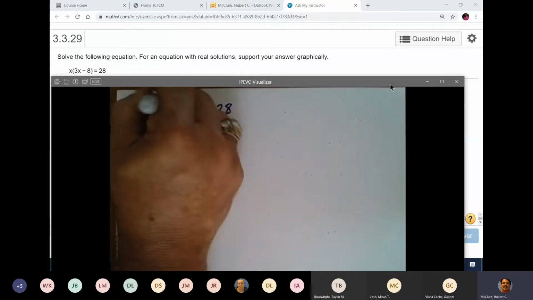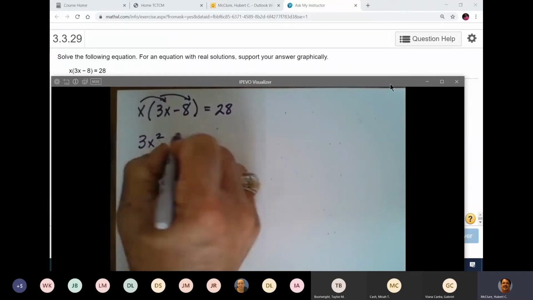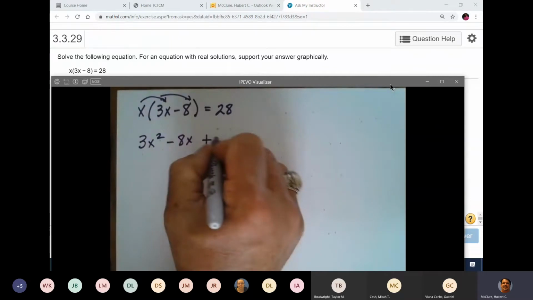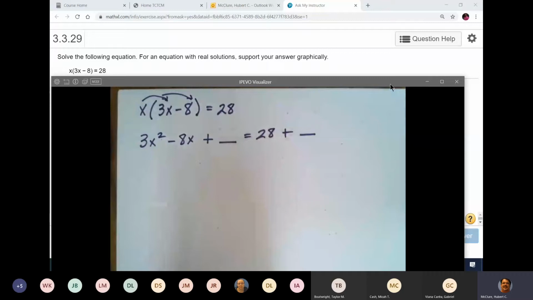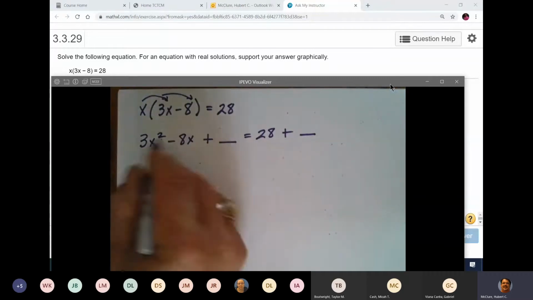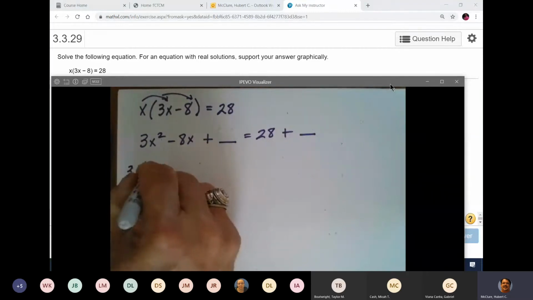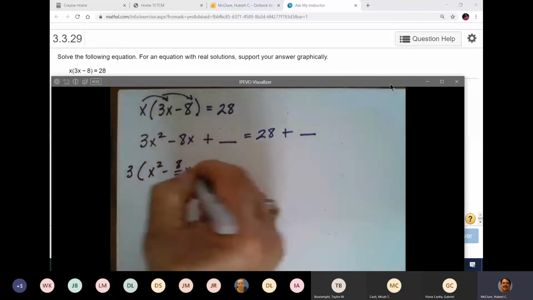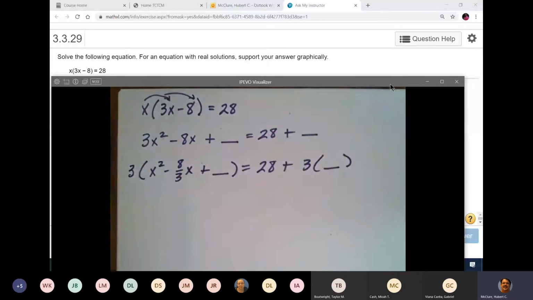And I'm going to distribute: 3x squared minus 8x plus blank is equal to 28 plus blank. I've got to factor out a 3, so that's going to give me a 3. That's going to give me x squared minus 8/3 x plus blank is equal to 28 plus 3 times blank.